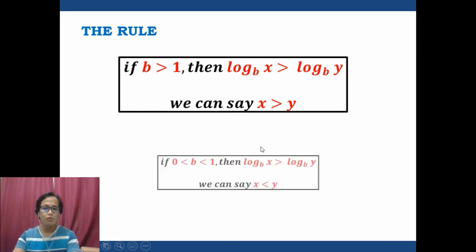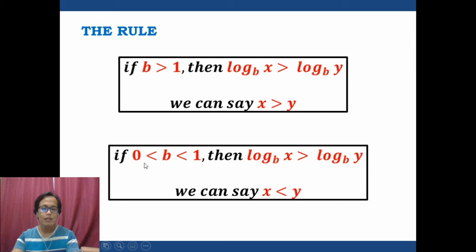For the second rule, if the base is between 0 and 1, meaning the base is less than 1 but greater than 0, then log of x base b greater than log of y base b means x should be less than y.